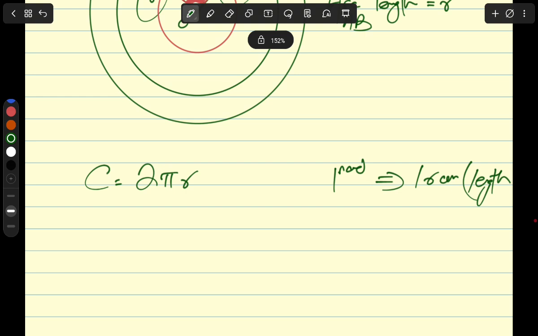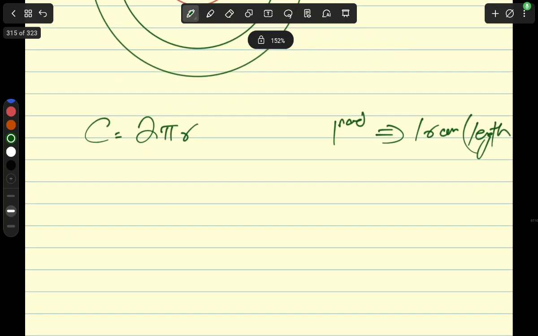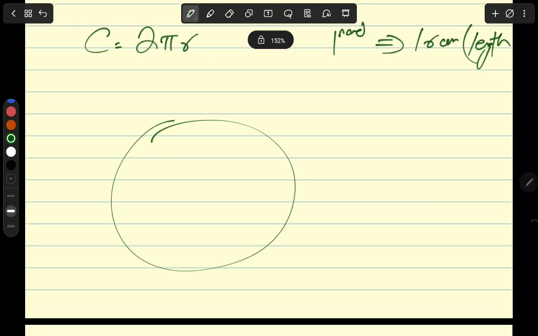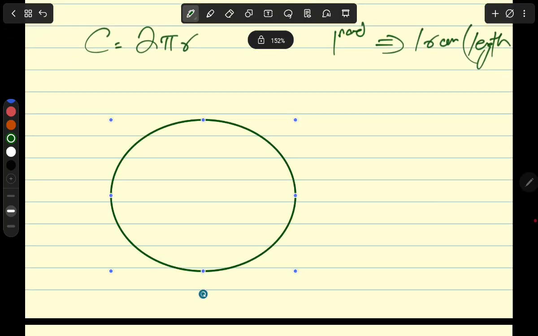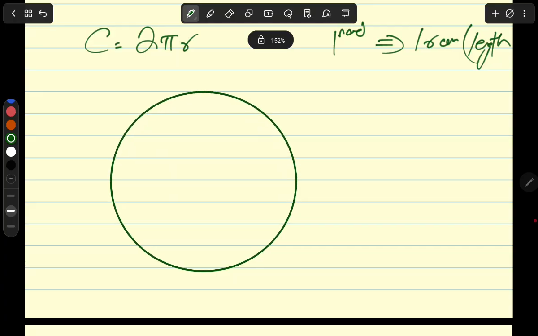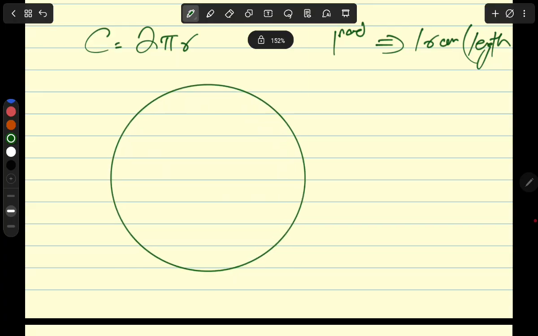This is a question that I want you guys to think about in your head. Sorry, this doesn't look like a circle. Probably this one looks more like it.